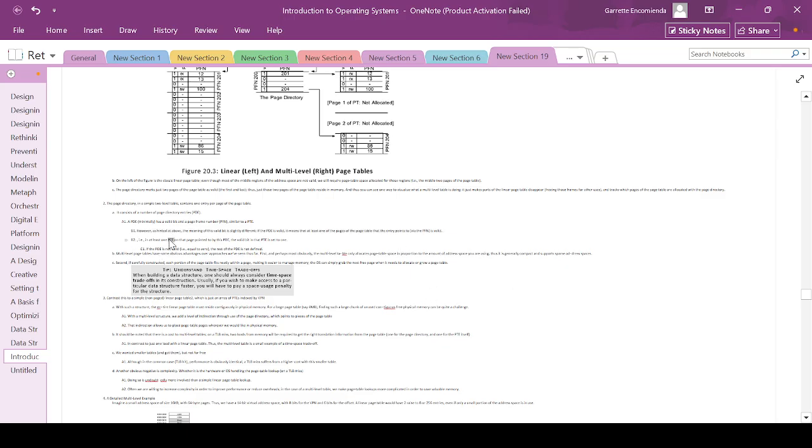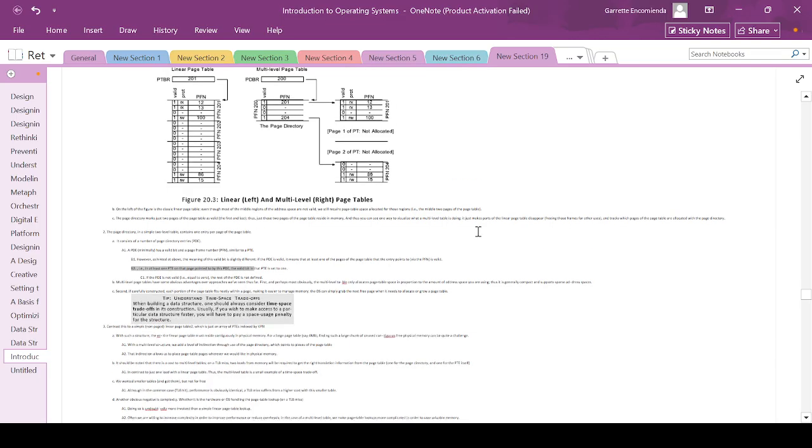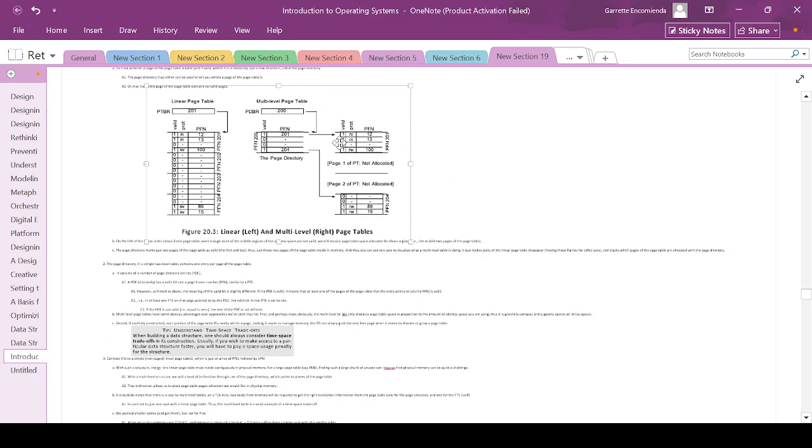That's what it means, i.e. in at least one PTE on that page pointed to by this PDE, the valid bit in that page table entry is set to 1.